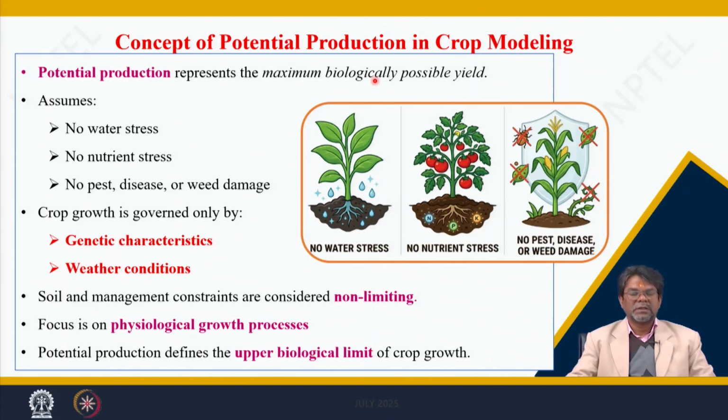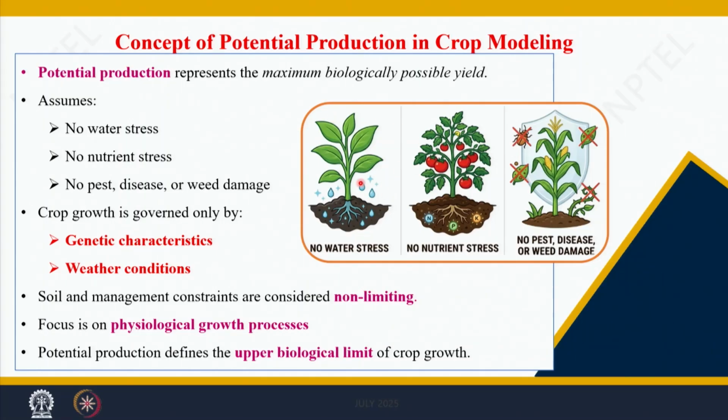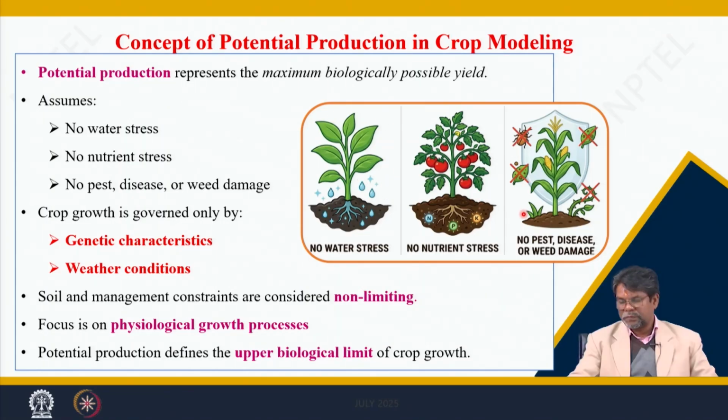That means those are the assumptions: there is no water stress, no nutrient stress, and no pest, disease or weed damage. The crop is fully protected, and then the yield is dependent upon the weather parameters.